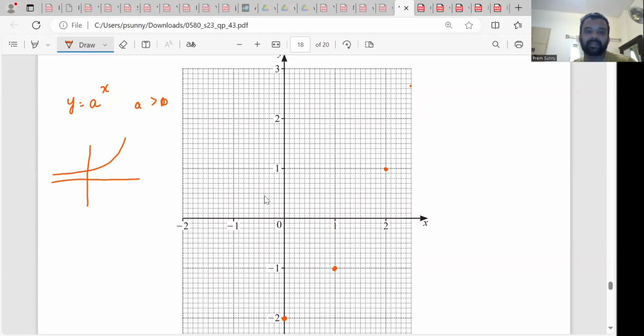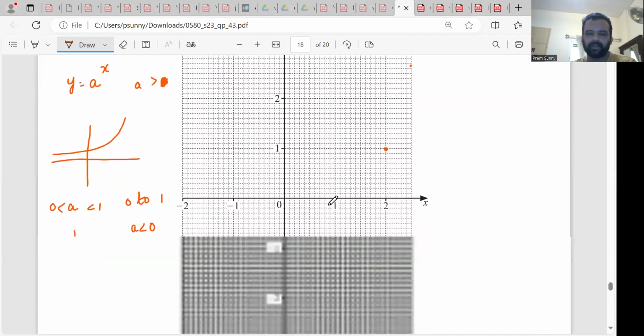And if a is between 0 and 1, that means a is greater than 0 and less than 1, the graph will be the other way around. So this is how an exponential graph will look like. And this is an exponential graph because 2 to the power of x minus 3.